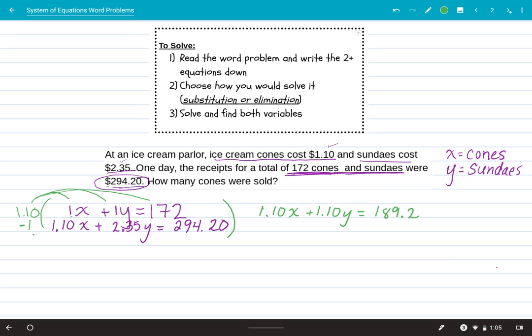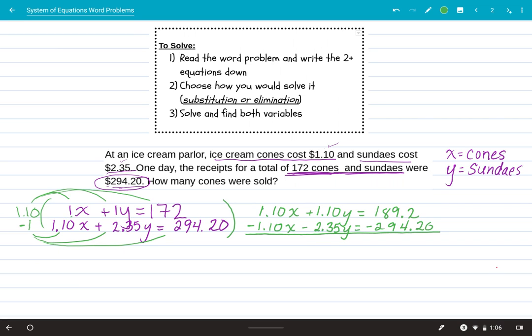Now we're going to go -1 times everything in the bottom equation. That just changed its sign. That's easy. -1.10x minus 2.35y equals -294.20. Pretty easy.